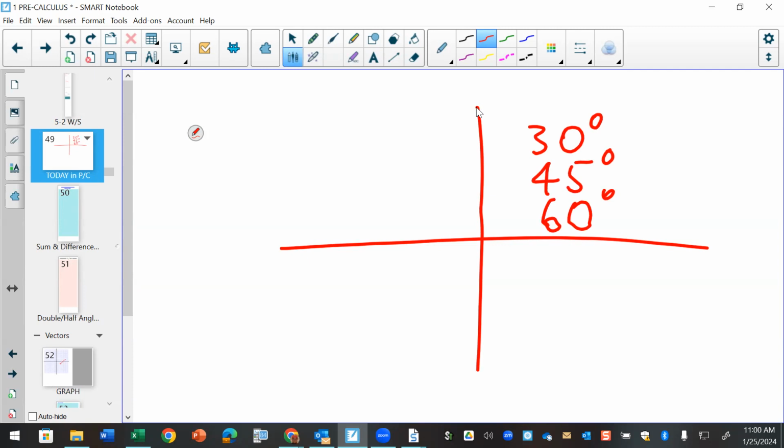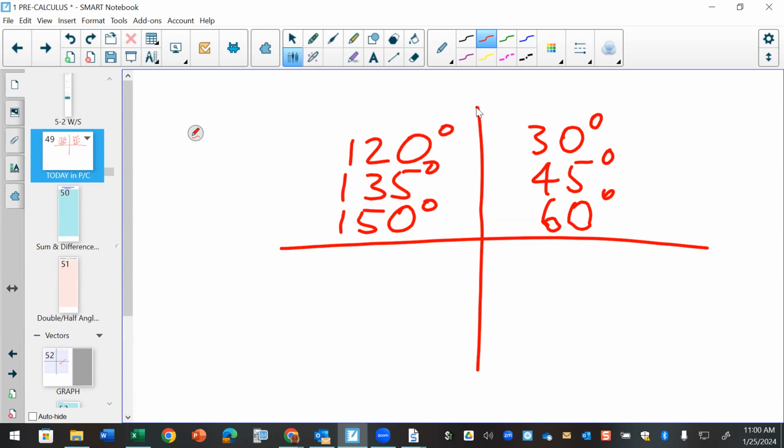Okay, take me over to the second quadrant, same reference angles. What's 30 degrees up into the second quadrant? 150. And keep going. 45 is, and what's the 60-degree reference?